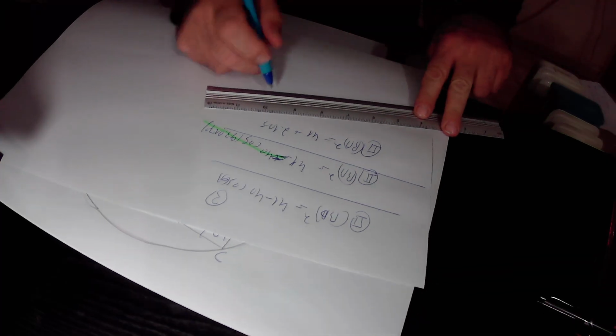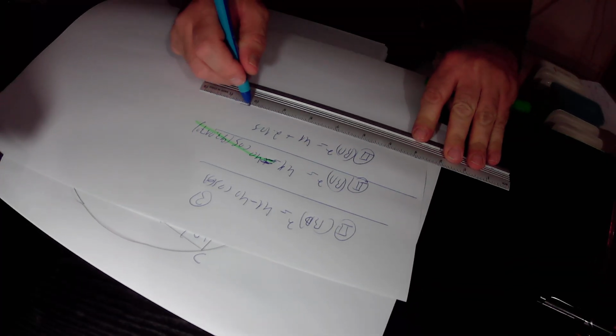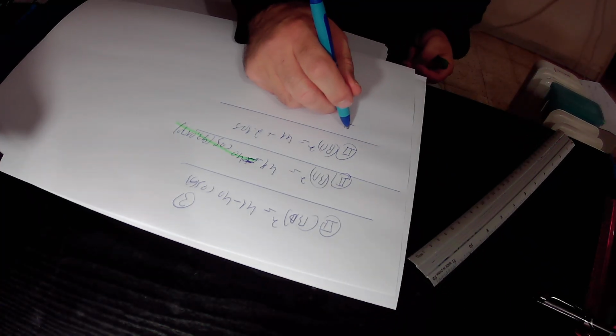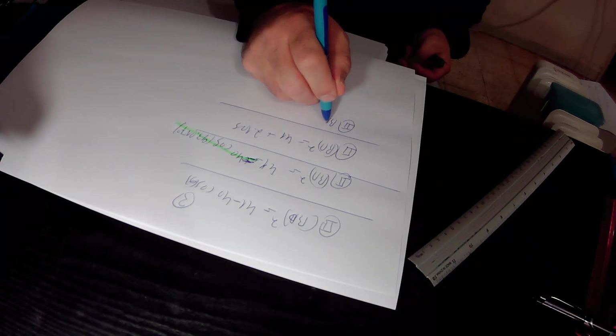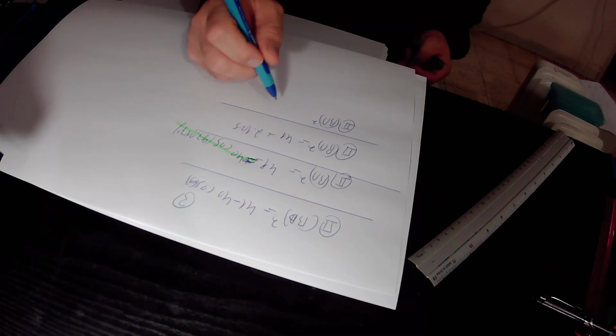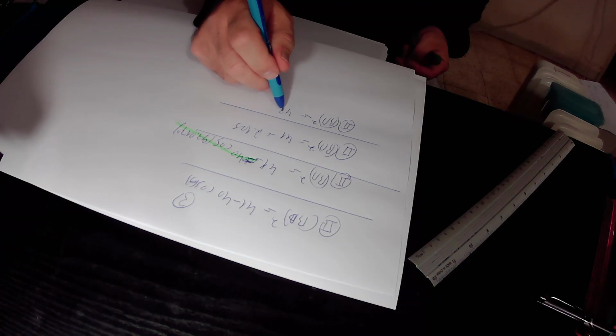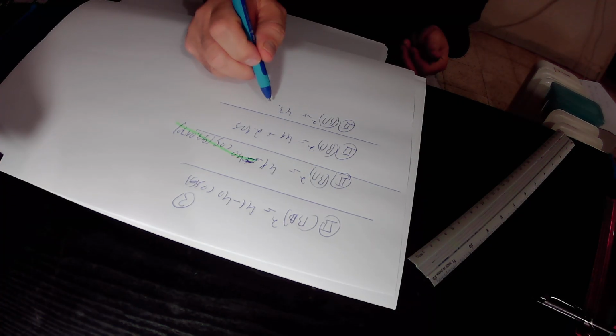So BD squared equals 41 plus 2.105, which is 43.105.